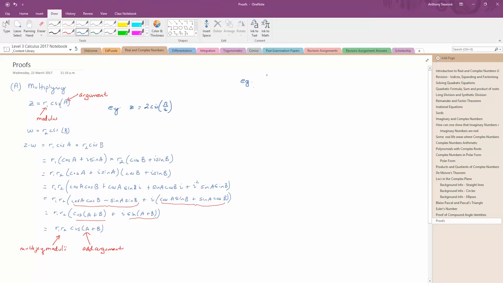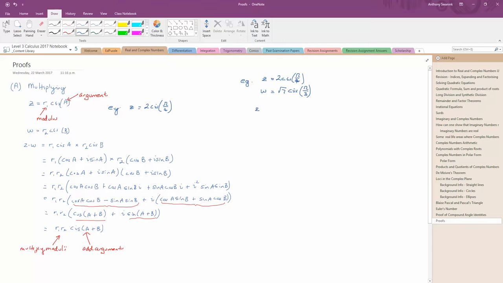So let's take this one that we had a moment ago, Z equals 2 CIS pi over 4, and let's say we had W equal to, let's say, root 7 CIS pi over 3. That's a 4 there.